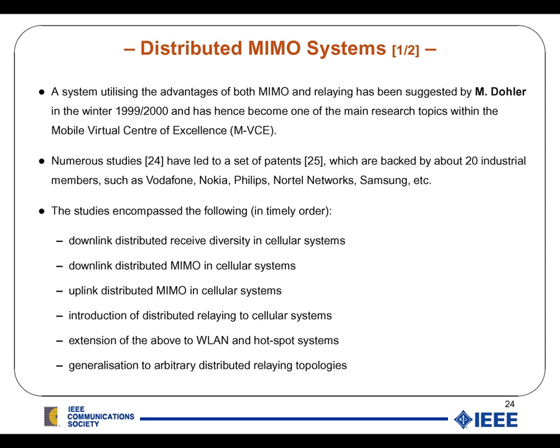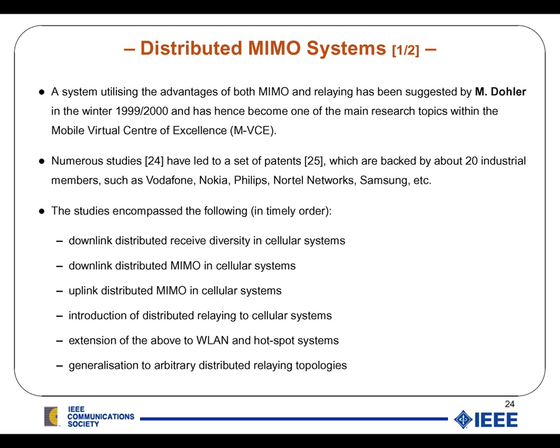The distributed MIMO systems had been introduced by myself within the Mobile VCE. We performed numerous internal studies, which led to quite a significant pool of patents, and that was backed by about 20 industrial members. And we investigated this list of things here.